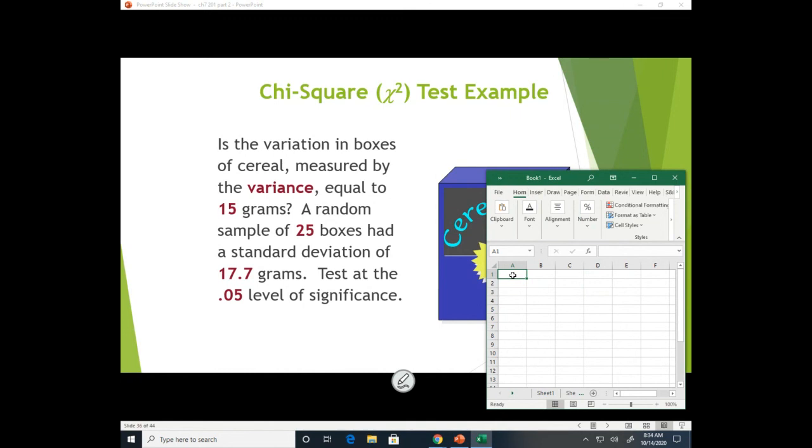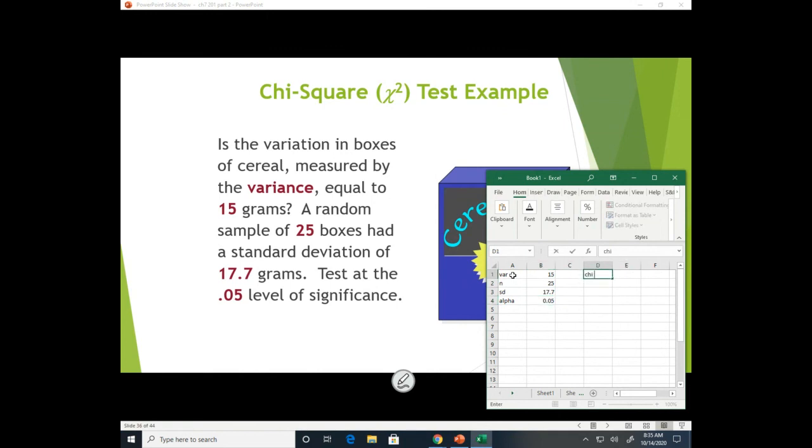population parameters we can do hypothesis tests on, we can do it on this as well. We're going to need the variance, our sample size, standard deviation, and our alpha. So it was given to us as 15 for the variance, sample size of 25, standard deviation of 17.7, with 0.05 level of significance.